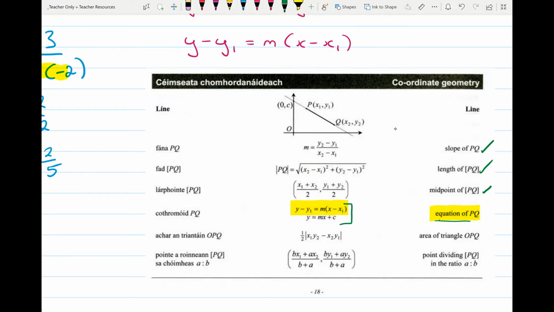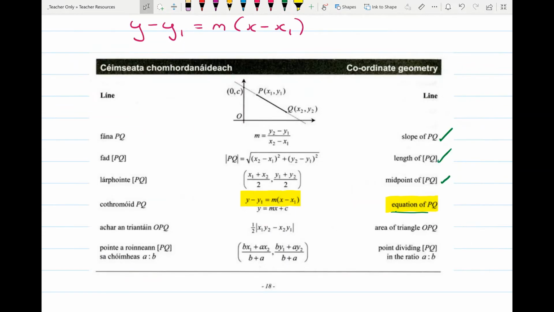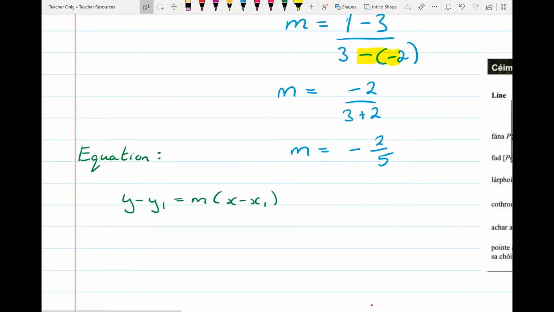The one on top is where we need the slope and a point that I've highlighted. So if you're finding the equation of the line, you need a point and the slope, so use the top one. The bottom one we're going to be looking at a little bit later, where that's talking about the graph of the line and the information you can get from that. So we're going to use y minus y1 equals m bracket x minus x1. I already have that equation written out for us here.